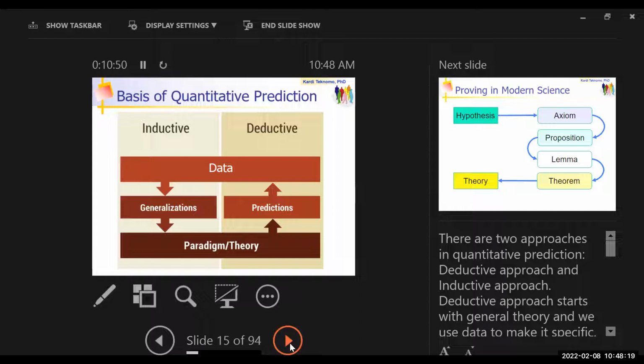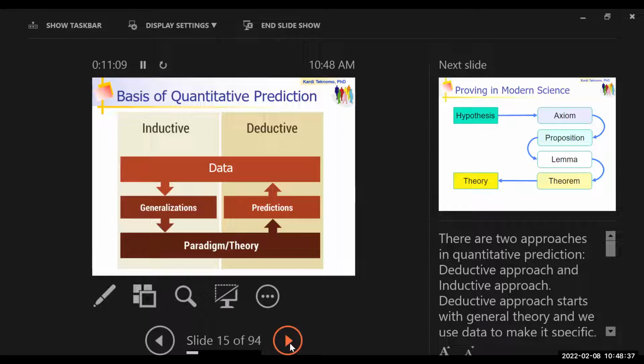While in the deductive approach, you start with theory. We start with certain models, certain theories, certain principles, and then you create a prediction. Your data is just to validate that prediction.